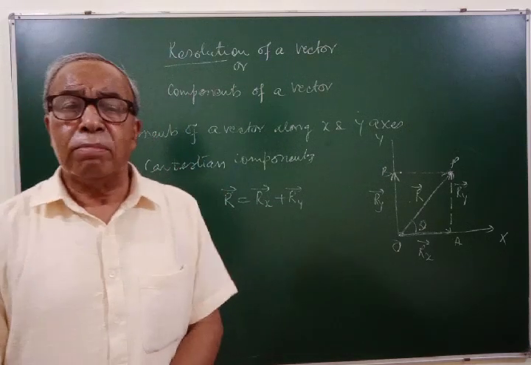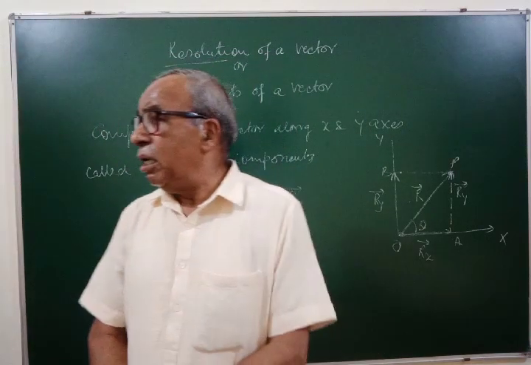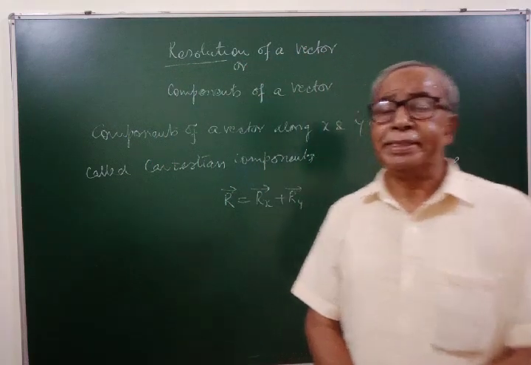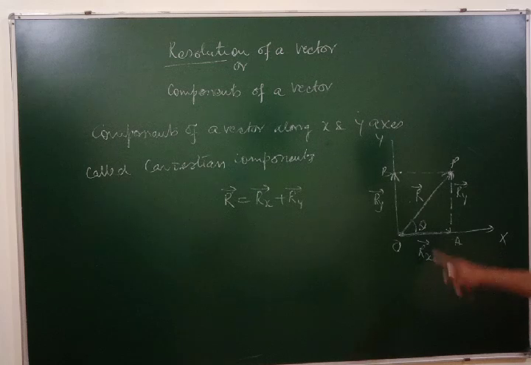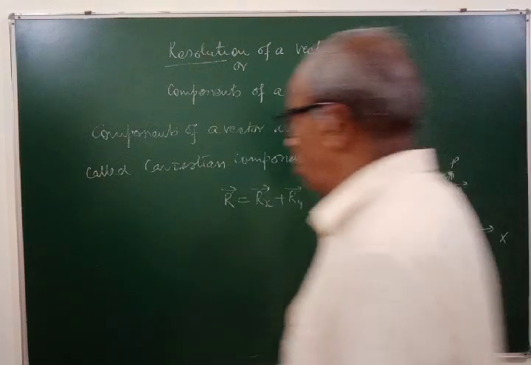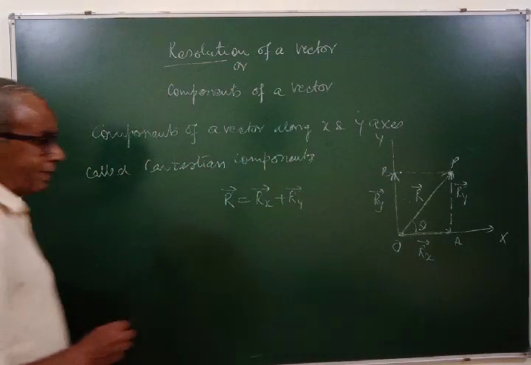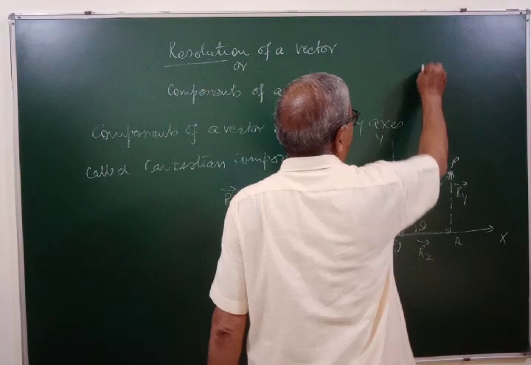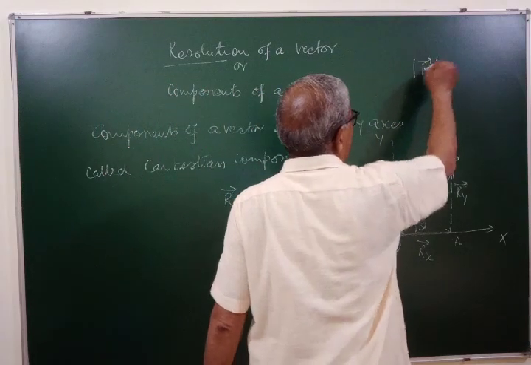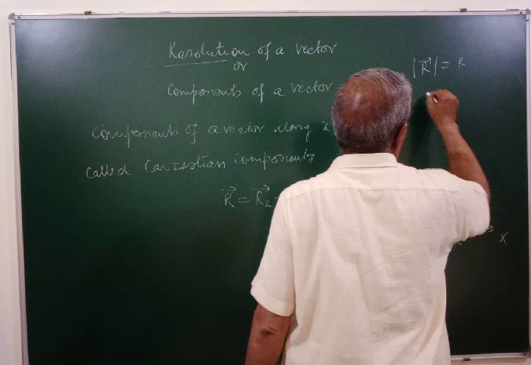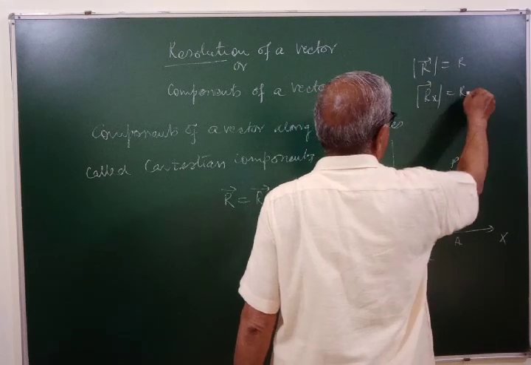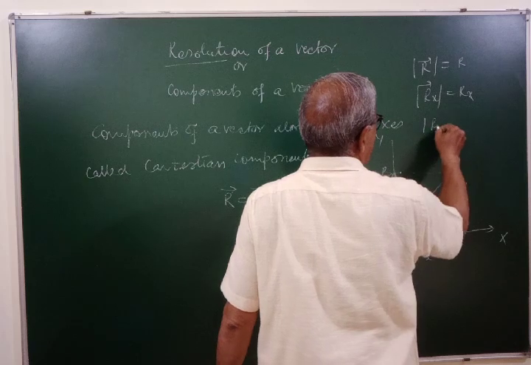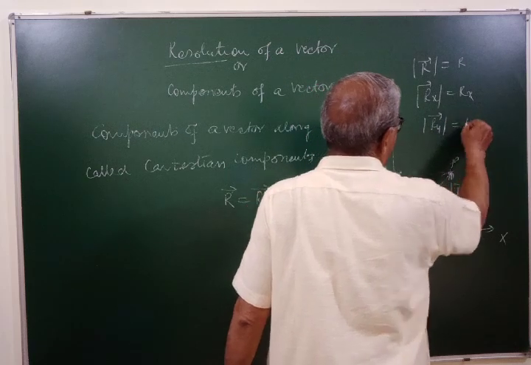Simple, but many times we are interested in magnitudes of vectors. So what is the relation between the magnitudes of vectors Rx and R? I told you that the magnitude of R, if we write it in modulus, is |R| = R. |Rx| equals Rx, and |Ry| means Ry.